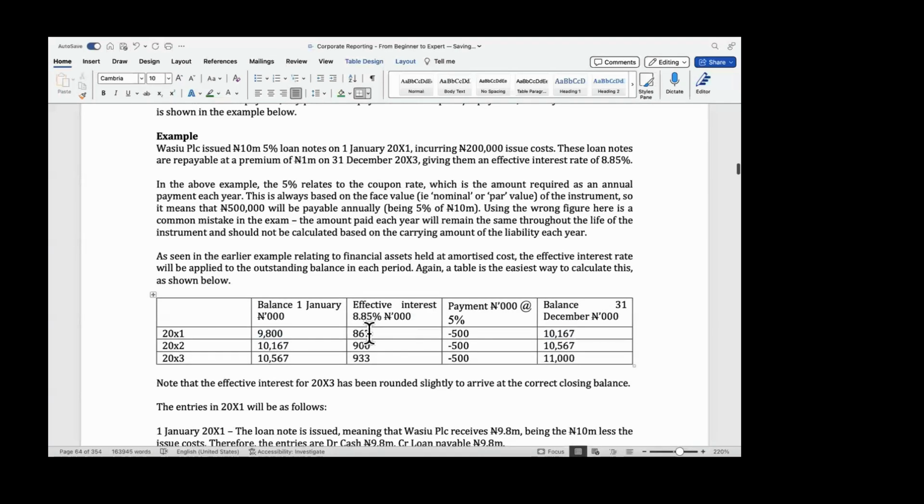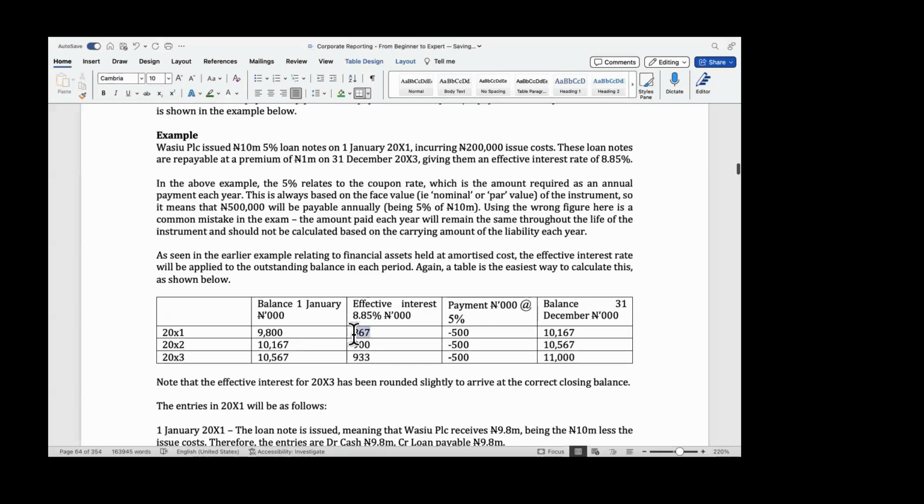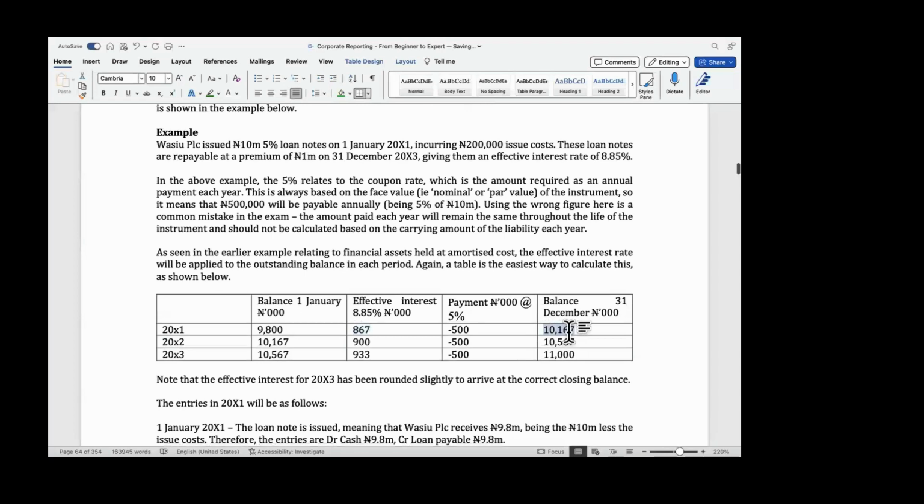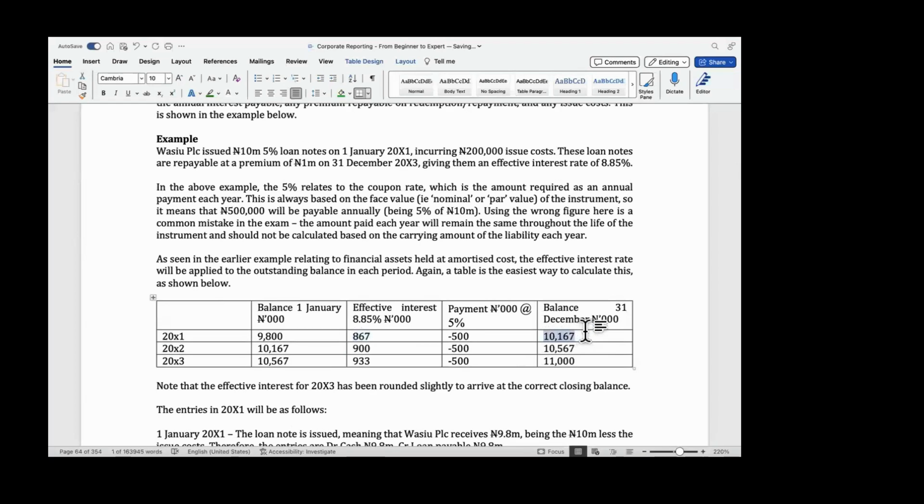What is key here is that this 867 will be recognized in P&L as finance cost, while this 10,167 will go to my non-current liabilities. In year 2, at the beginning, you have 10,167. Then you apply this 8.85% on the 10,167, and that gives us 900. Then he pays an interest per annum of 500, which is a fixed amount on the principal amount.